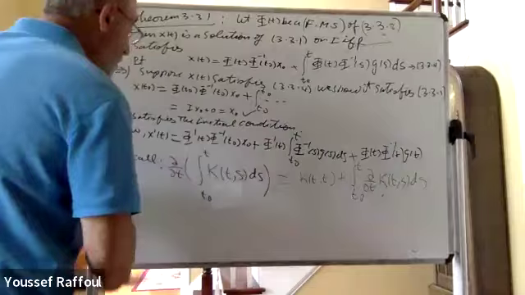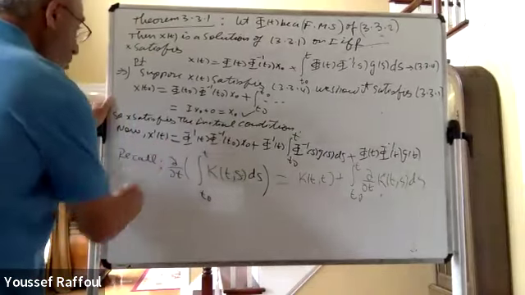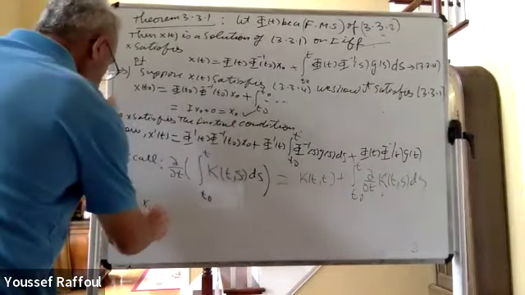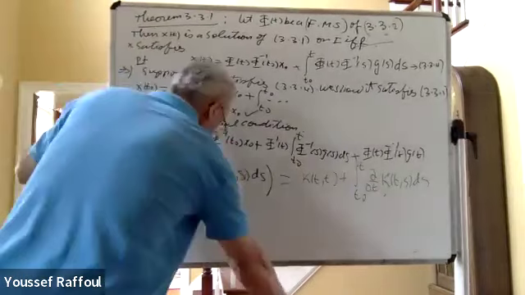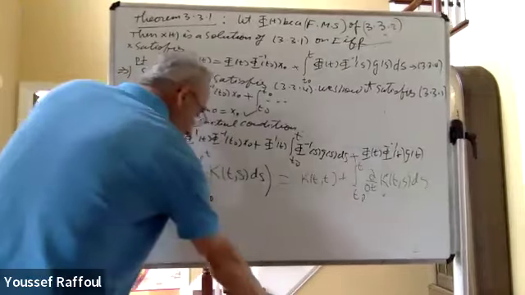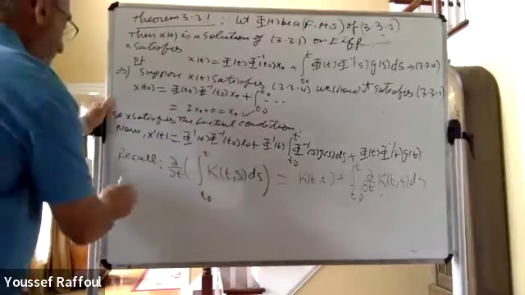All right, so this is x prime of t, so I'm not done yet. Phi prime of t is what?